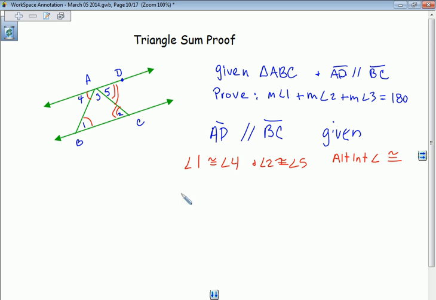So I can write the measure of angle 4 plus the measure of what angle? Angle 1... no, 3 and 5 together make what angle? Angle BAD. The measure of angle BAD equals 180 degrees because they form a linear pair.